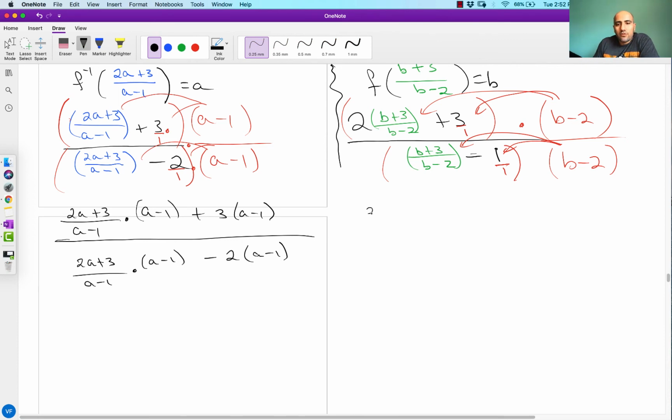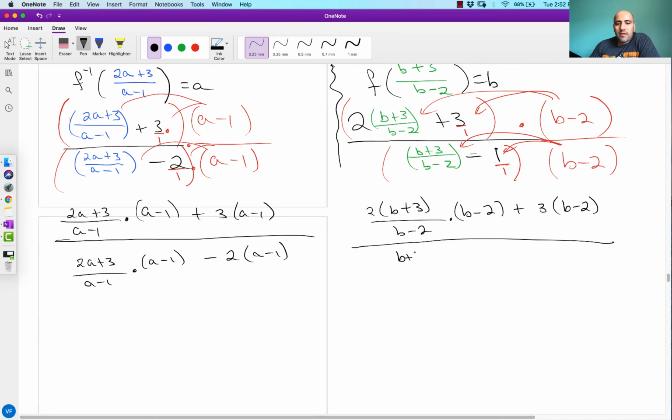So I end up with 2 times b plus 3 over b minus 2 times b minus 2, plus 3 times b minus 2, all over b plus 3 over b minus 2 times b minus 2, minus 1 times b minus 2.